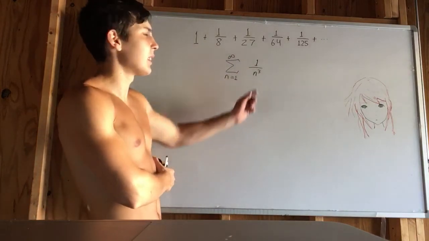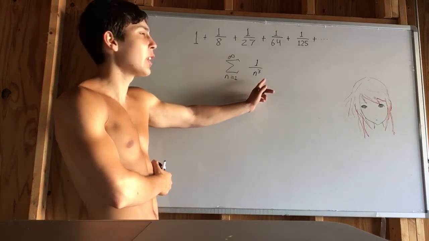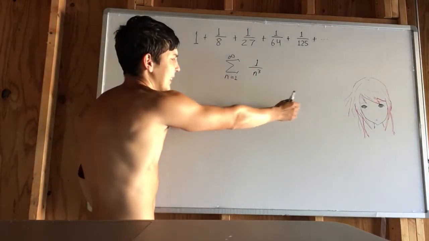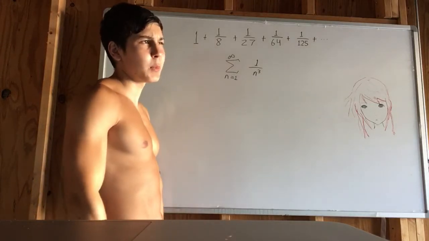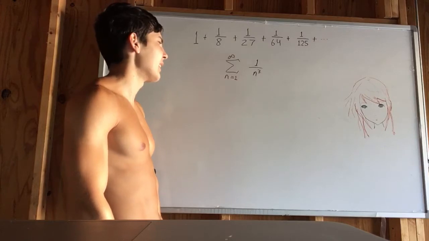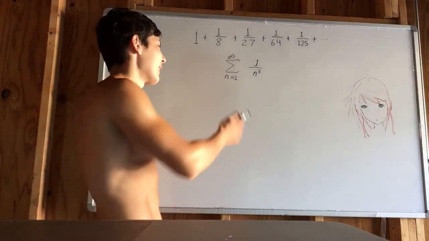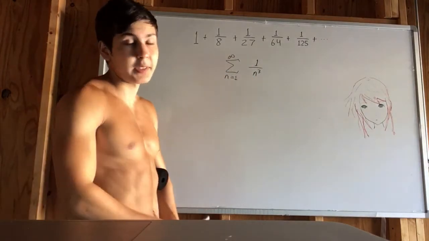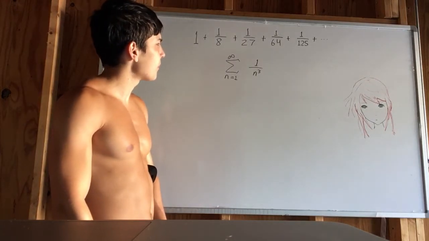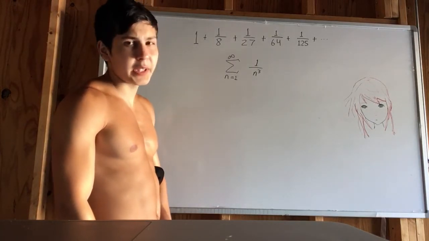That means that the denominator is getting larger because it's being cubed, and the term itself, with each passing moment, is getting smaller. So it does satisfy that condition. It also satisfies the condition that it's never negative. We're plugging in positive numbers. So given that, we can do the integral test.